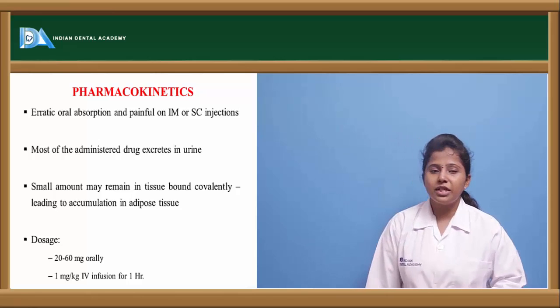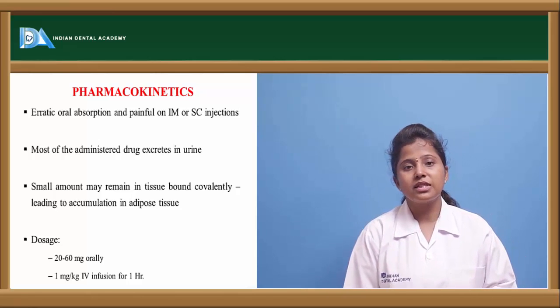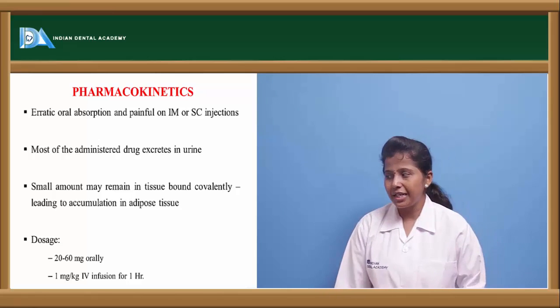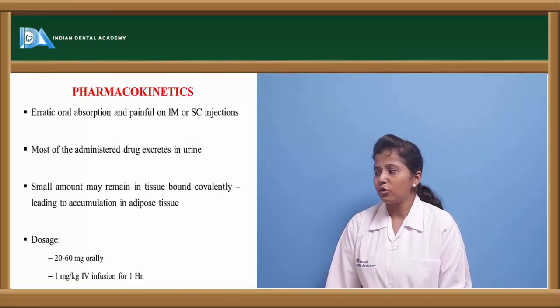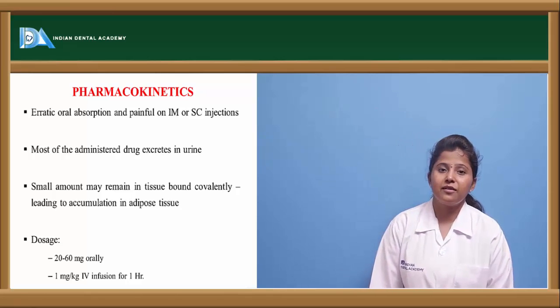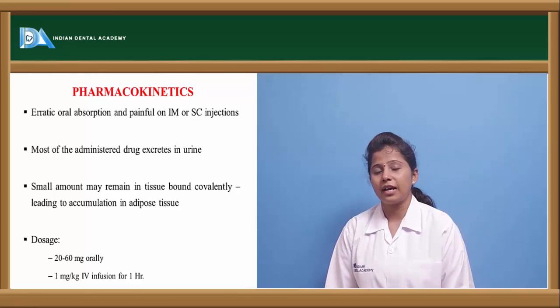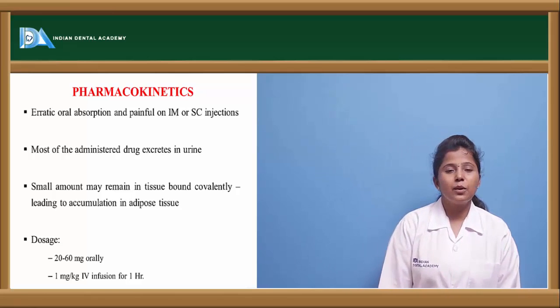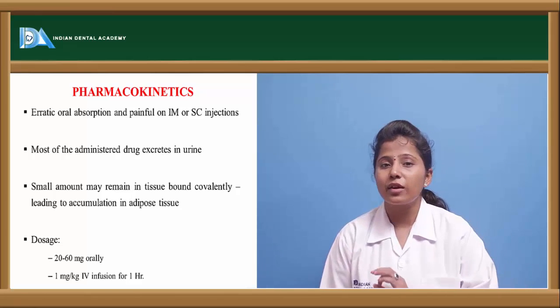And the dose which is recommended for the drug is about 20 to 60 mg orally. If we have to give the IV route, in emergency conditions, then it is given at 1 mg per kg dose for every 1 hour.